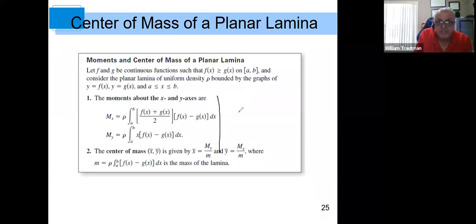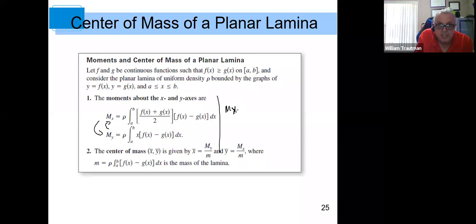However, if we're doing it like we are in this formula with respect to y, mx becomes this formula and my becomes that formula because you're changing the axis. So you're actually flipping it.